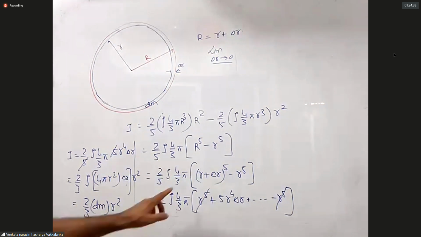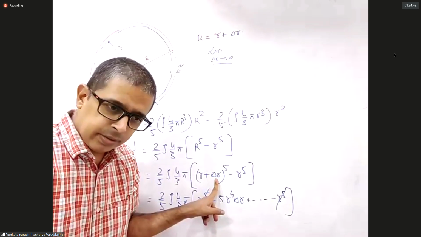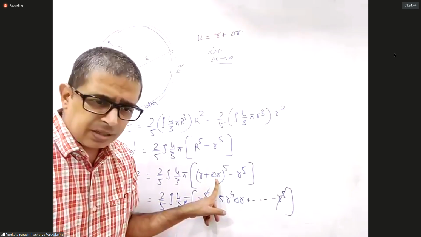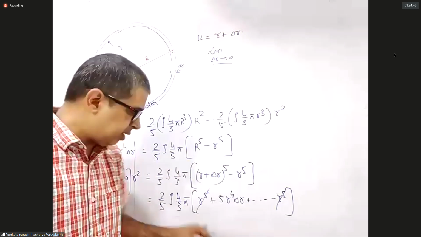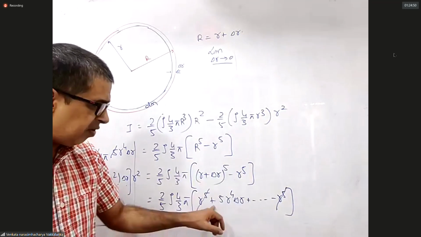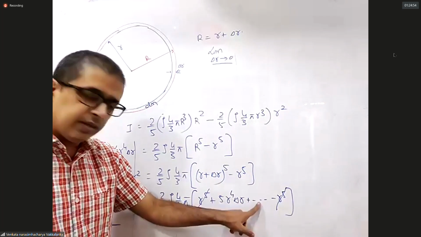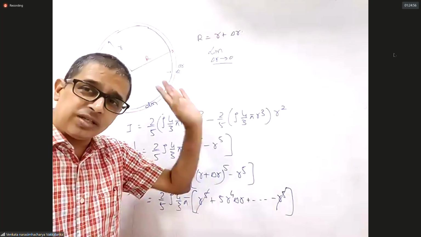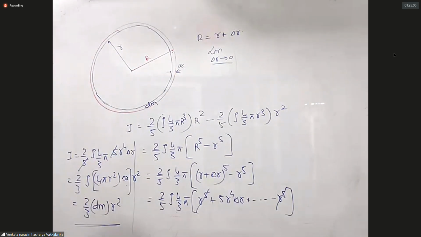You want to bring r outside first and write it as delta r by r. Correct, sir, but in physics I don't need it. a plus b to the power n. r to the power 5 plus 5 r to the power 4 delta r. Delta r square we neglected. r to the power 5 got cancelled. Okay.